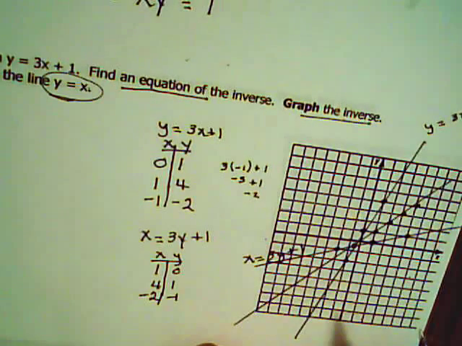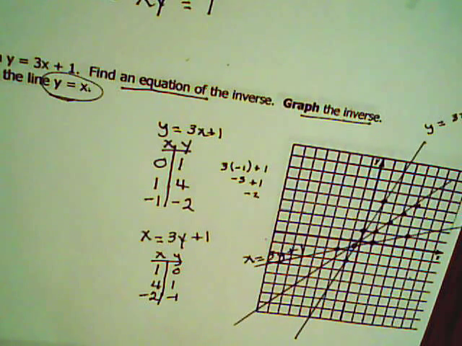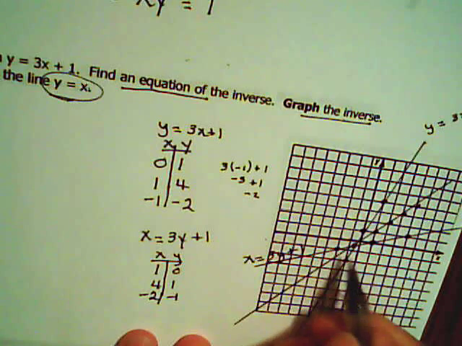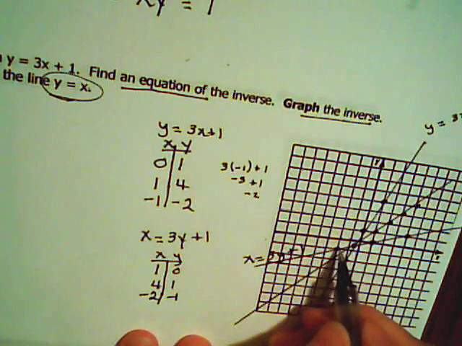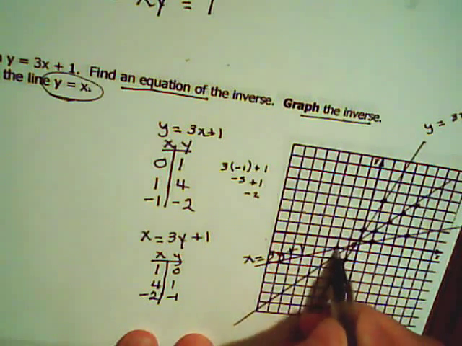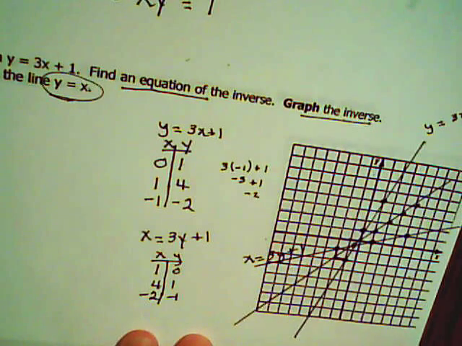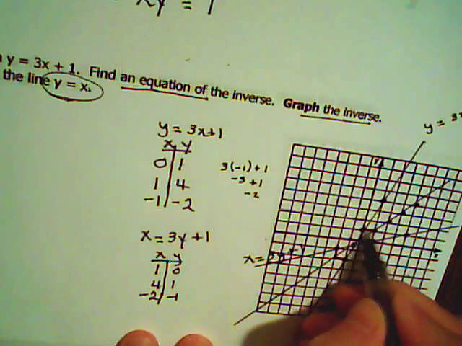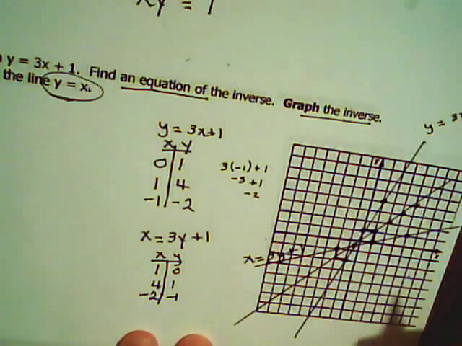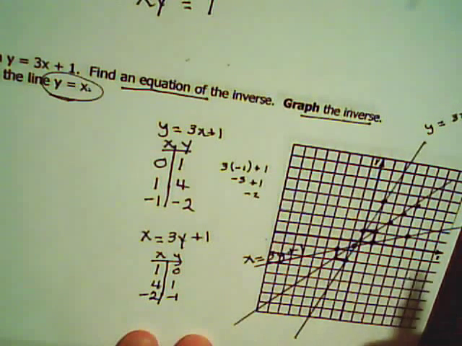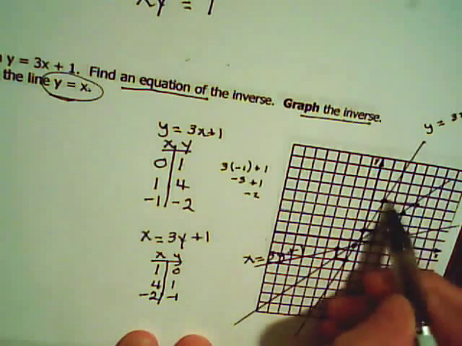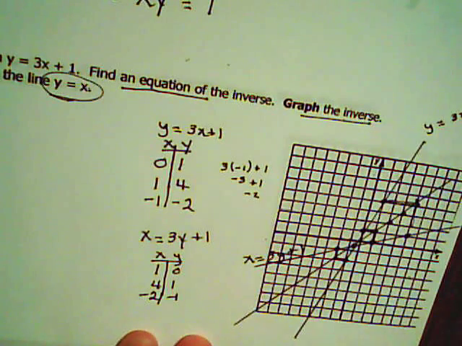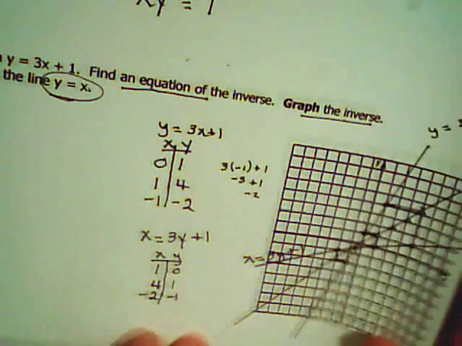When you graph that, your other points are located such that they're the same distance from that line. For example, that's 1 unit away, and so is its mate point. This is 1 unit away, so is its matching point. You see how this is happening all along. Here we go, 3 units away, 3 units away.